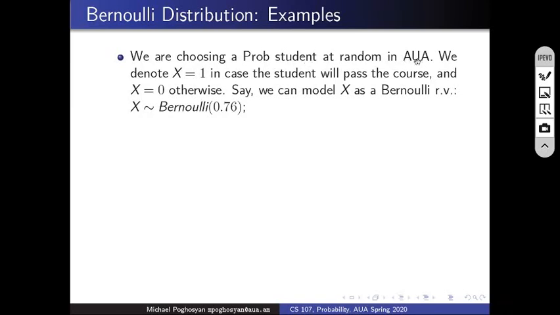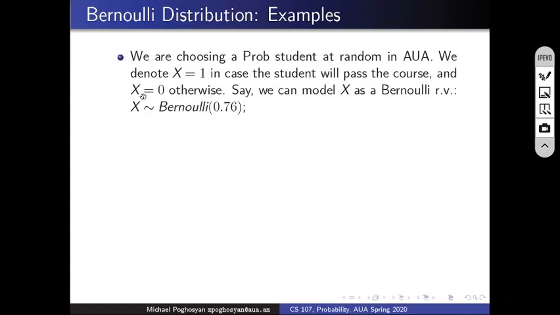And the outcome will be one of the probability students in AUA. We denote x is equal to 1 in the case the student will pass the course, and x is 0 otherwise. So if that student will pass the course, we will write x is equal to 1, otherwise x is equal to 0. So this is a random variable.